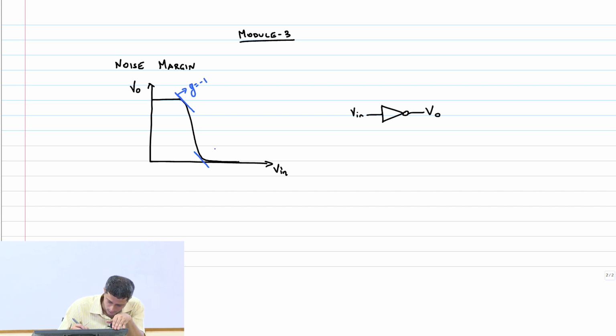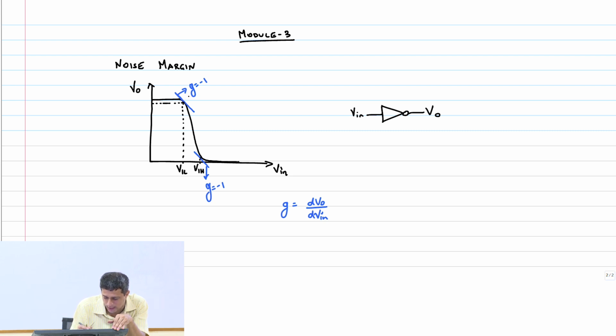G equal to -1, right? And what is G? dV0 by dV in, the gain, right? So we needed to identify these points. So the point where this is VIL, VIH.